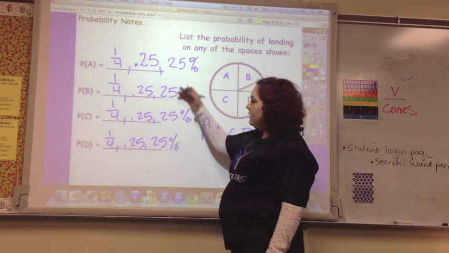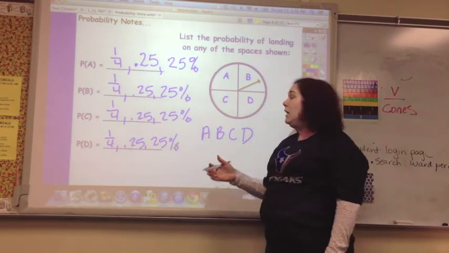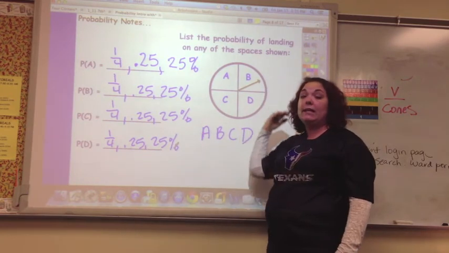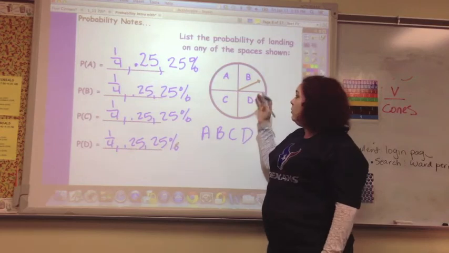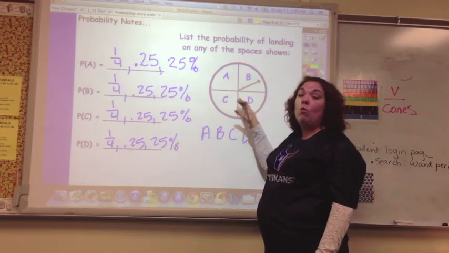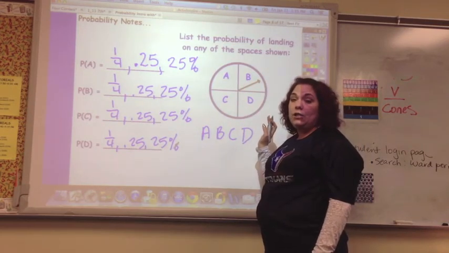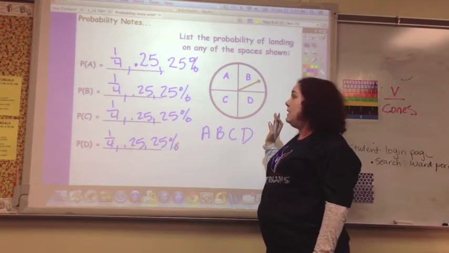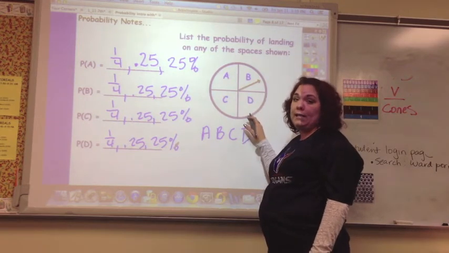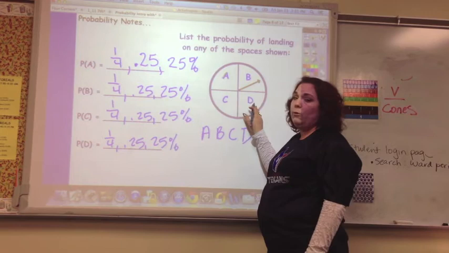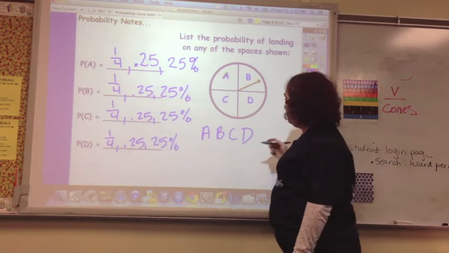And all of these would add up to 100%. It's 100% certain that you're going to land on something. It's 25% certain that you're going to land on one of these. If it asked you what's the probability of landing on A or D, it would be 25 plus 25, which is 50%.